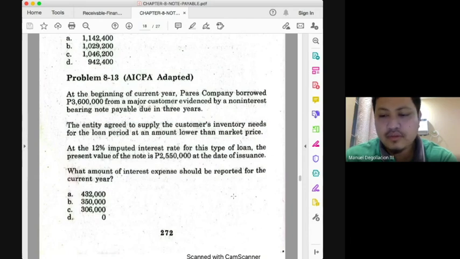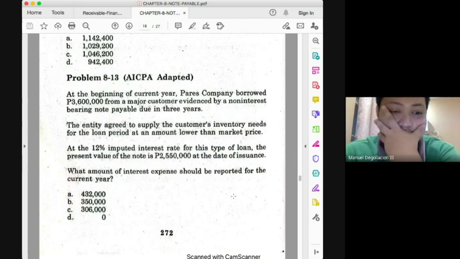And then you multiply the present value, which would be your initial carrying amount, which serves as the fair value. You multiply it with the effective interest rate of 12%. Then you would get your 306,000. And that's it. That will be our answer.